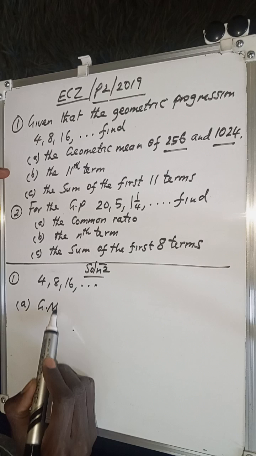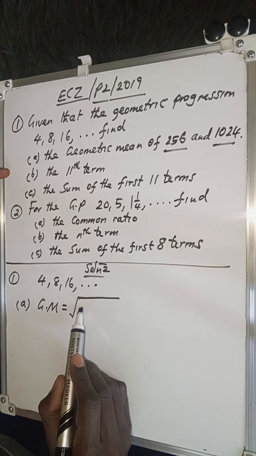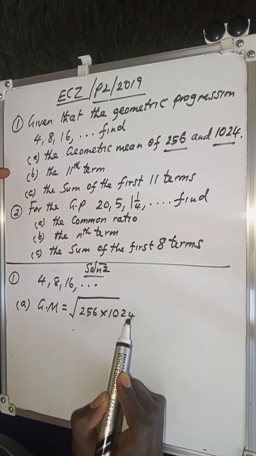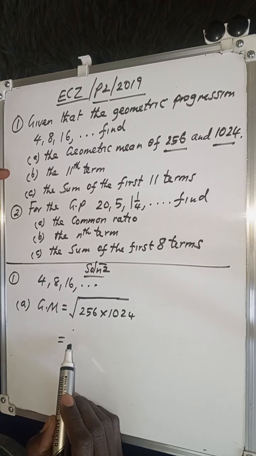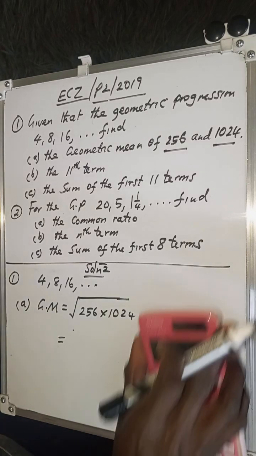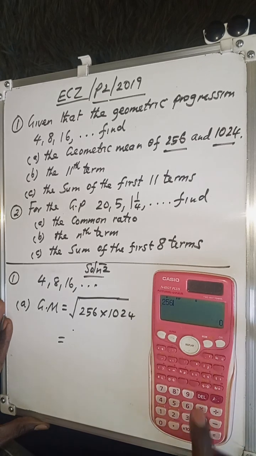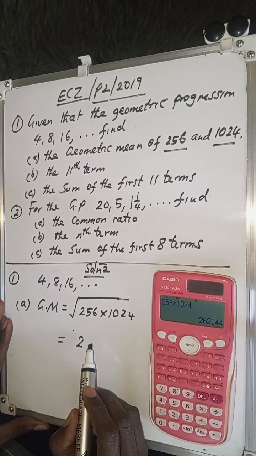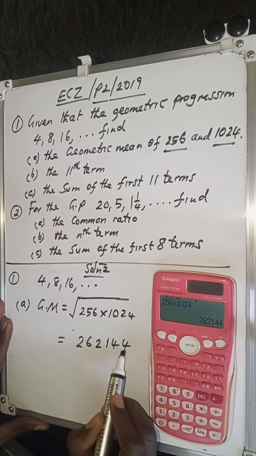The geometric mean, you just need to find the square root. So you multiply 256 by 1024, and what you get, you find the square root. Remember, this comes in your paper 2, and therefore you can use a calculator. 256 multiplied by 1024, that is giving me 262,114.